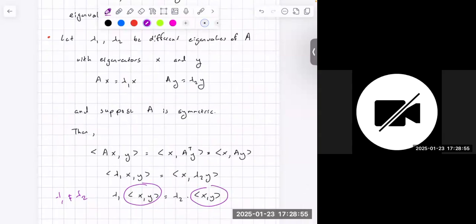Okay. So eigenvectors of symmetric matrices are orthogonal to each other. What is this good for? Collect all those eigenvectors. They'll give you a nice orthogonal basis for your space. That's what's going to happen.